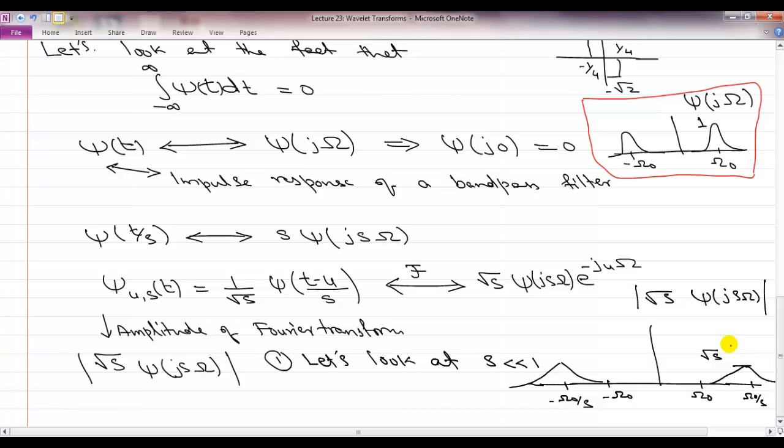So when s is very small, much smaller than 1, what does psi_{u,s} do? That scaled version of my mother wavelet is effectively analyzing very high frequencies, and the localization around that high frequency is actually pretty bad, right? It's spread out.